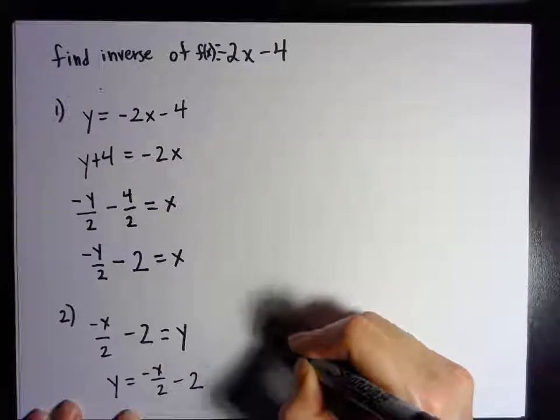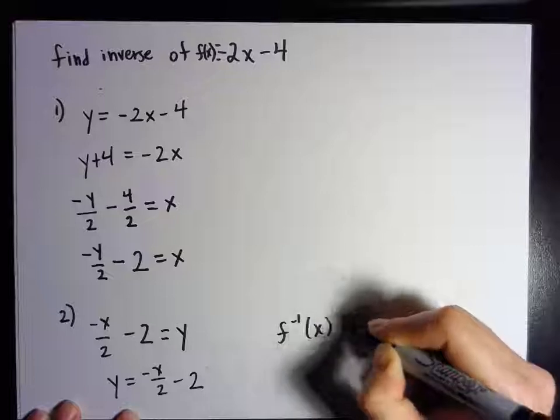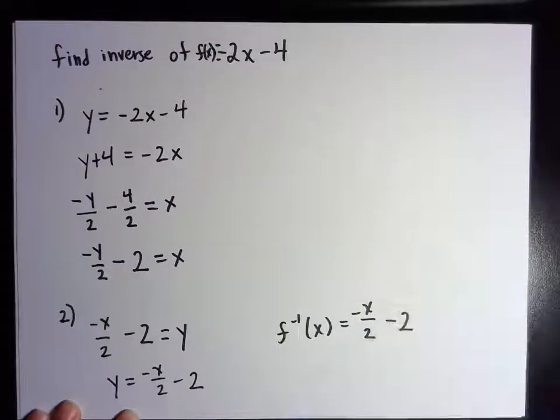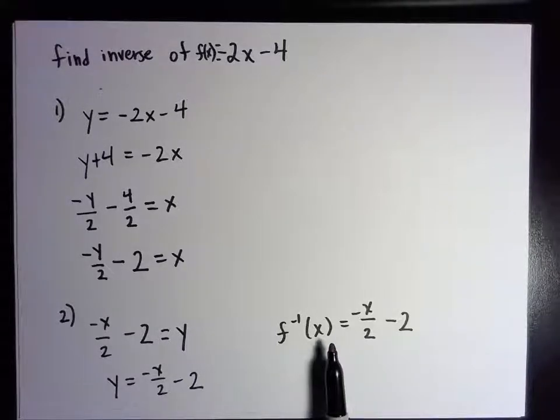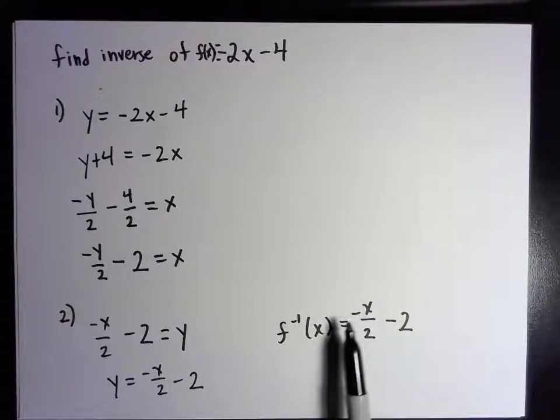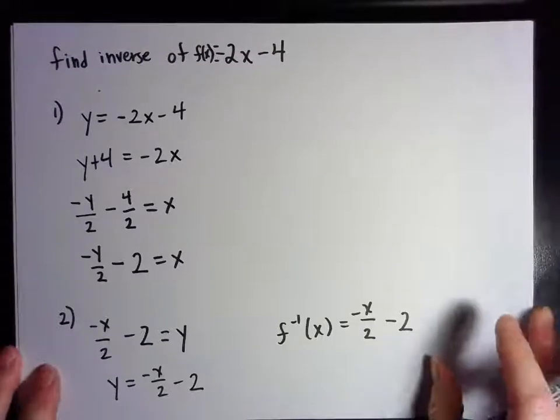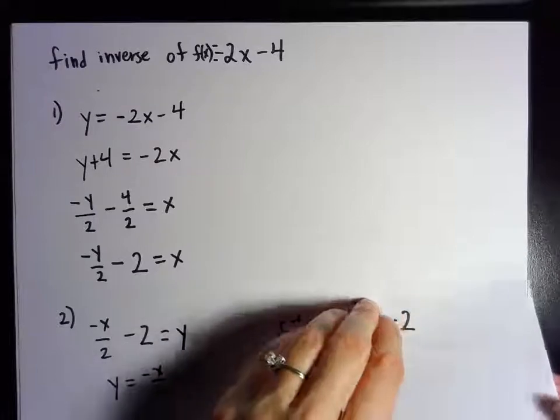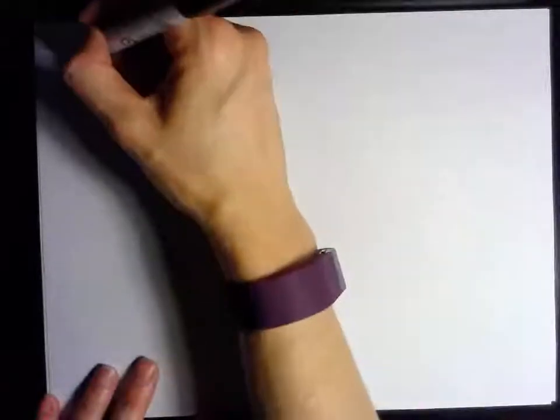So if they were to ask for the inverse function, I could write the inverse function is negative x over 2 minus 2. And that makes sure that our variable is always x. Okay. So that's the inverse function of f of x equals -2x minus 4.